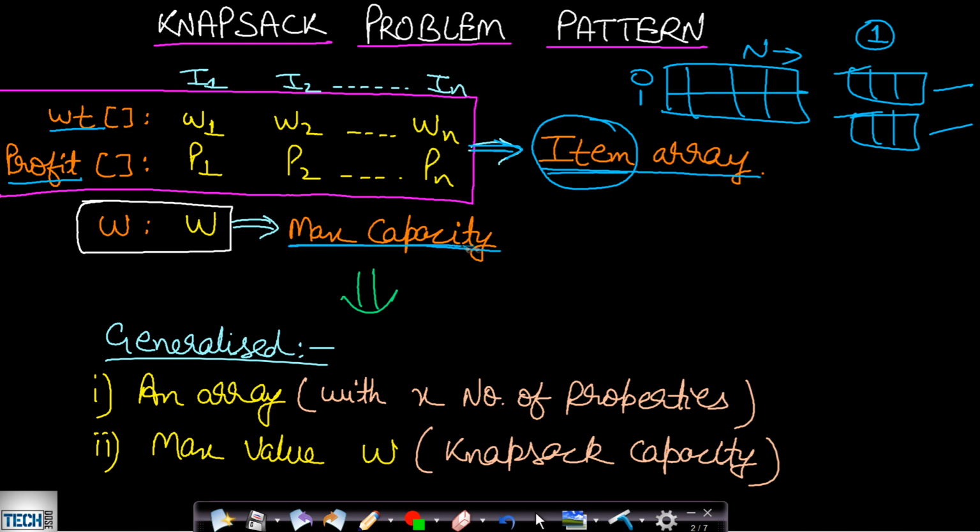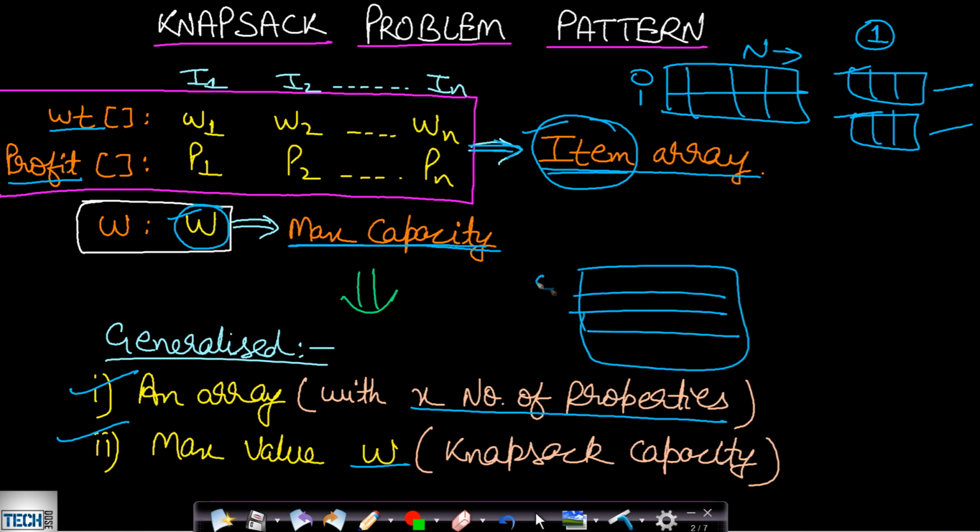Now there was a given maximum capacity which you cannot exceed, which is equal to W. So a generalized knapsack problem can be said to include an array as well as a maximum value W. The array can have x number of properties, so you can have x rows from 0 to x minus 1, and you will obviously have n elements, and the number of elements will be the same for each and every array. So this can be your given items array, as well as a single weight W, which is the maximum capacity, that is the knapsack capacity.